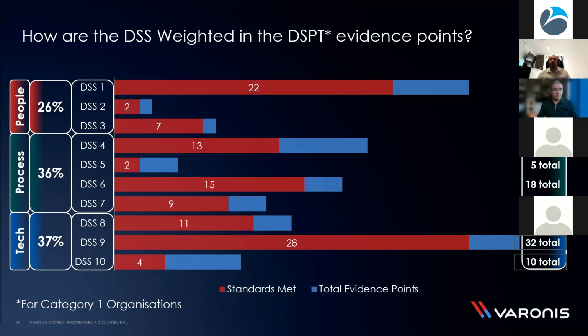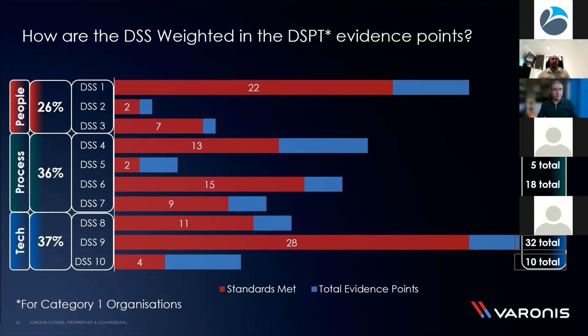item. So if we look at the first one, DSS1, you need 22 out of 28 evidence points in order to get that standard met for DSS1. All the way through down to DSS10, where you only need 4 out of 10 to meet those objectives.